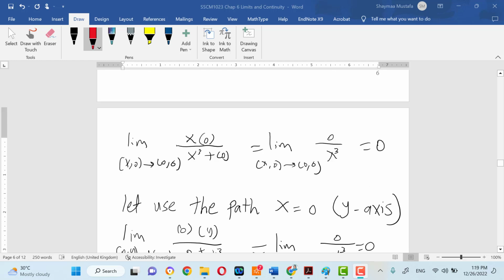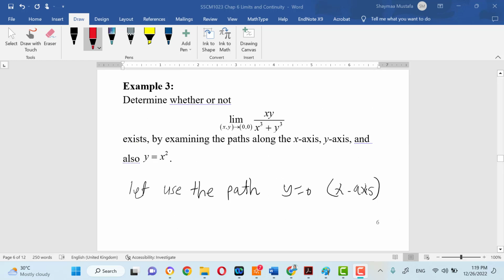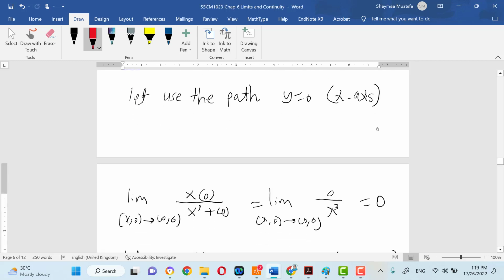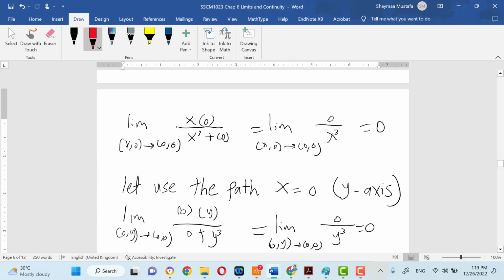Now let's use the path x equal to 0, which is the y-axis. The second path, the x-axis, we calculated already. Now we need to calculate along the y-axis. The equation for the y-axis is x equal to 0. So the limit when y goes to 0. Now we have x equal to 0, so I will substitute x by 0.